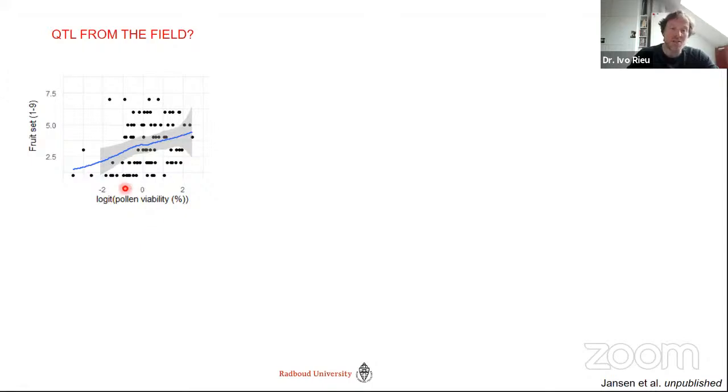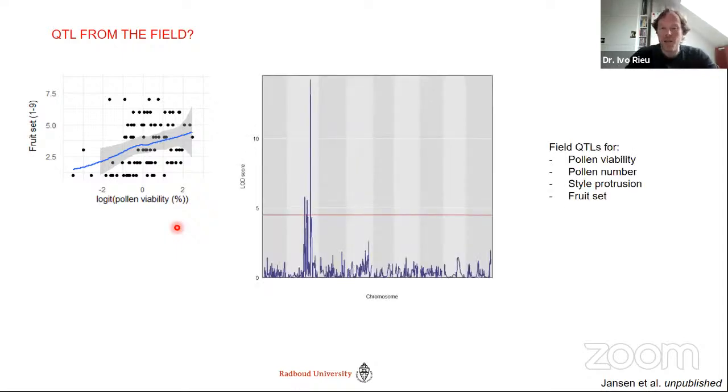And we predict that if you would look more specifically at fruit set of the flowers that were really in the heat wave, those exact flowers that we know the pollen viability was good or bad in the heat wave, then you will get an even much better positive correlation. And we'll do that in coming years.